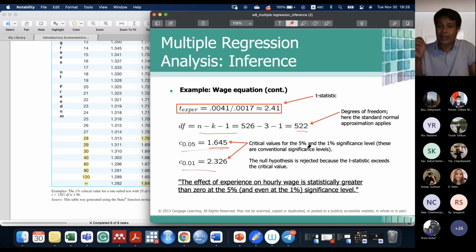We mean that if you analyze using the sample 100 times, then 95 times you will find that the coefficient is different from 0. It means only a 5% chance that the coefficient might equal 0, but a 95% chance the coefficient is not equal to 0.